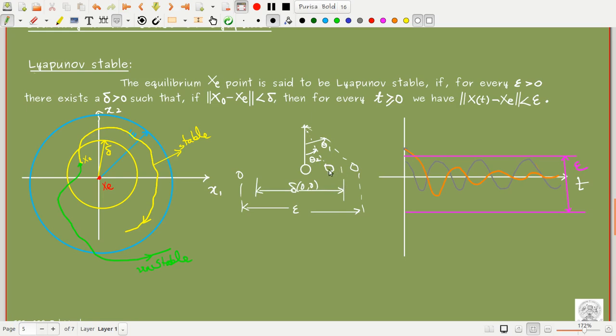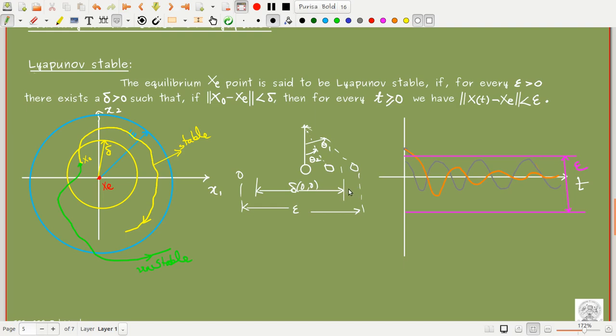So I will choose the initial point for my state very near to the equilibrium point and say that I can give you a delta which is greater than 0 and in fact lesser than epsilon. If I choose the initial point lying within this delta ball, the system trajectory will not go out of this epsilon ball.